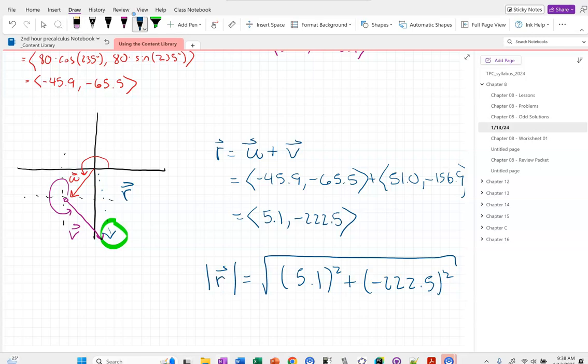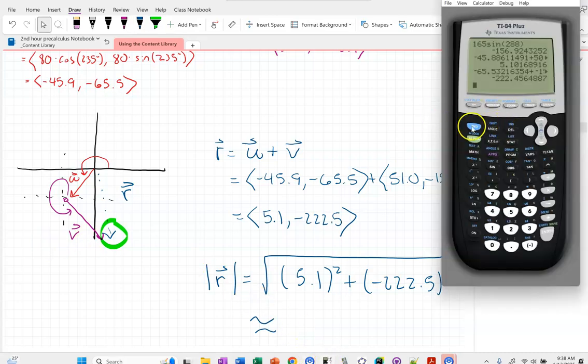That's supposed to be an R. It got kind of V looking. So again, I'll just do that on my calculator. So I got 222.5.